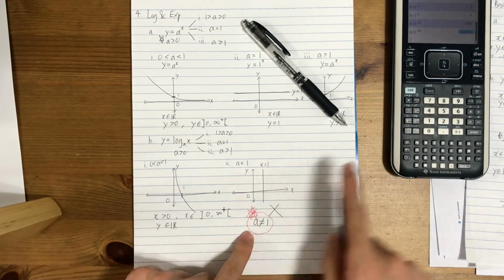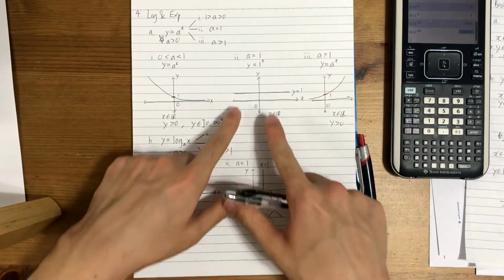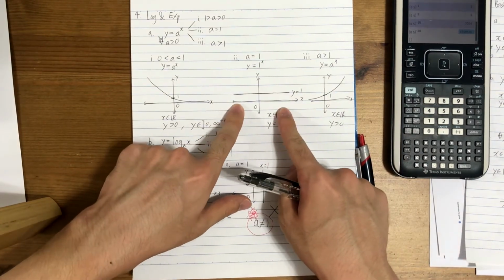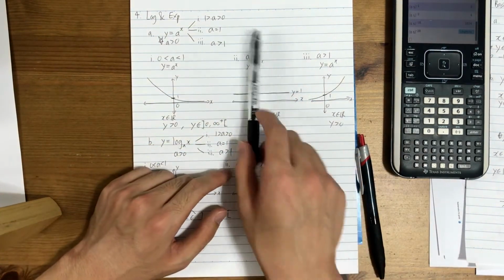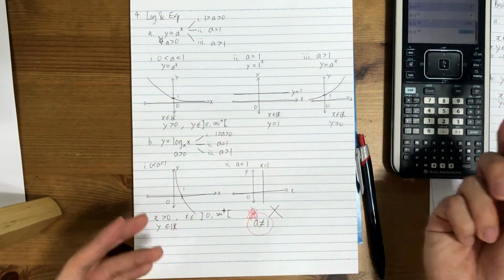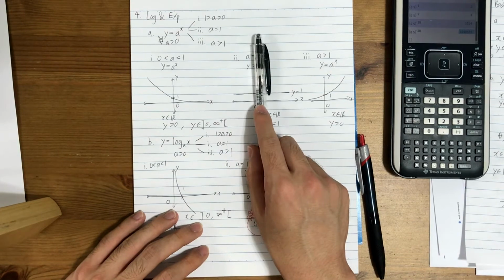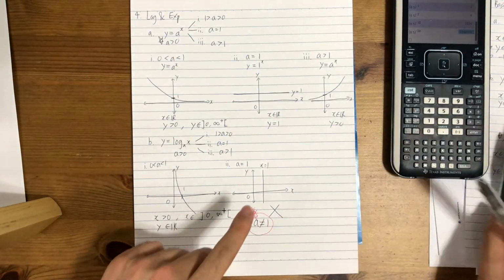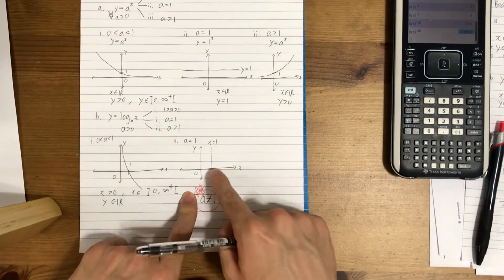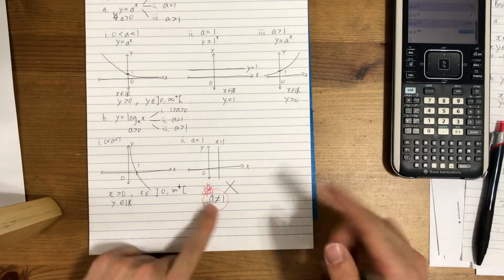And this is for log only, because you can see that for exponential, when the base is 1, it's still a function, right? It still passes the vertical line test, so it's a function. But for log, when the base is 1, it's not a function. Okay?